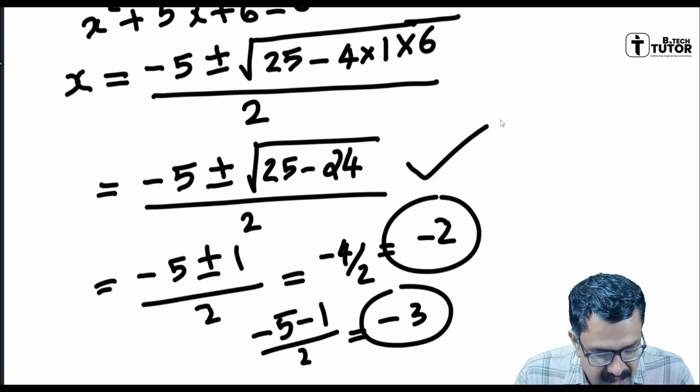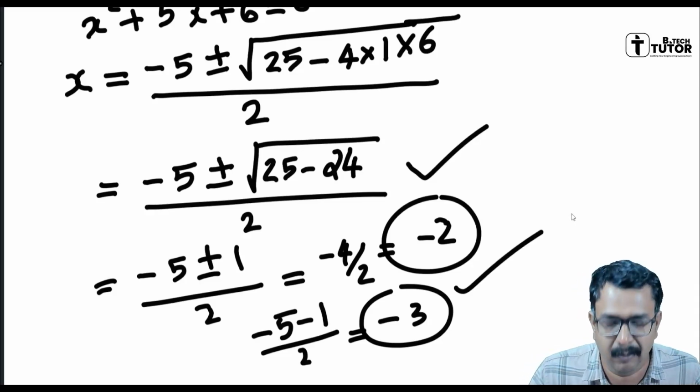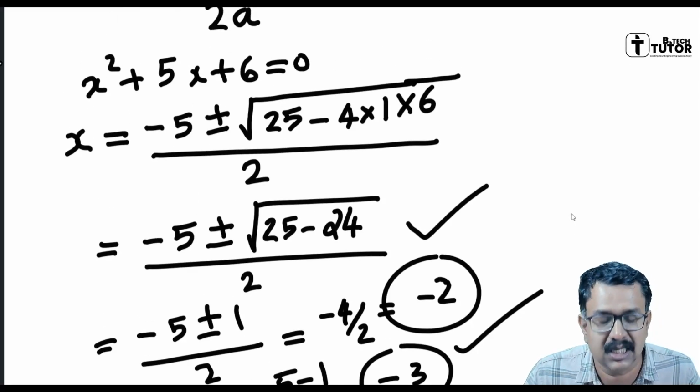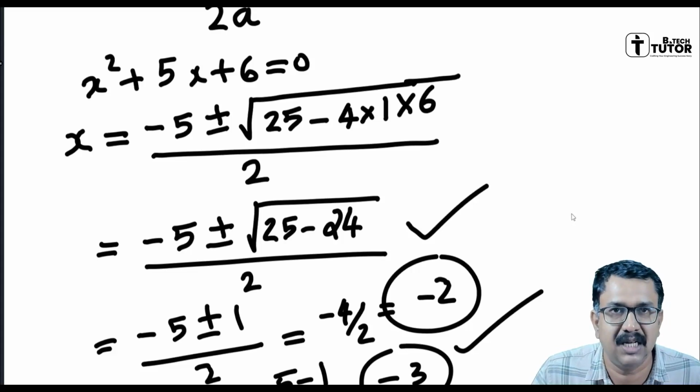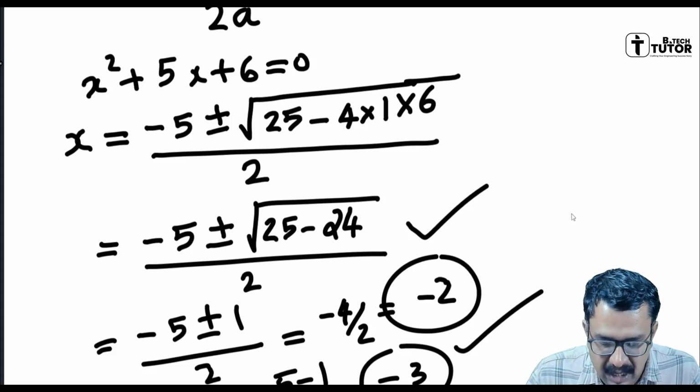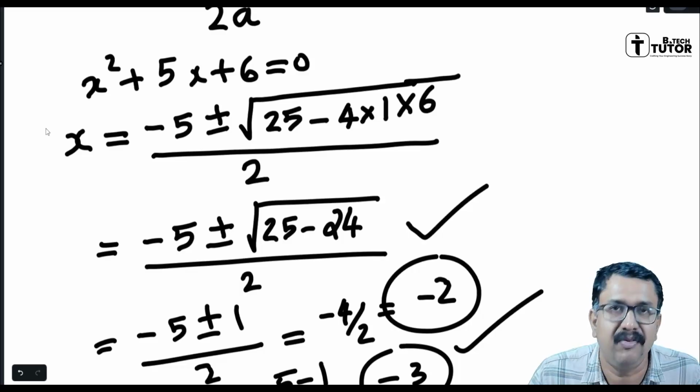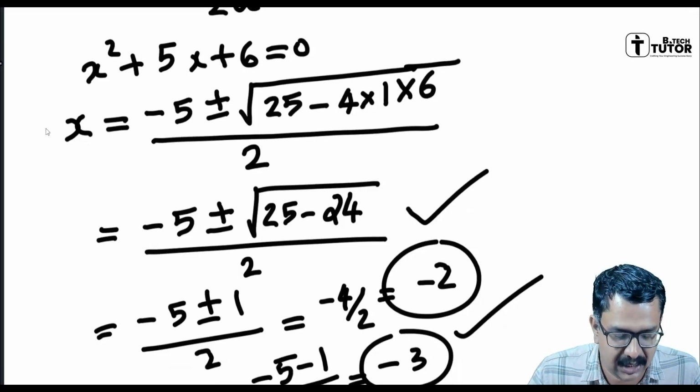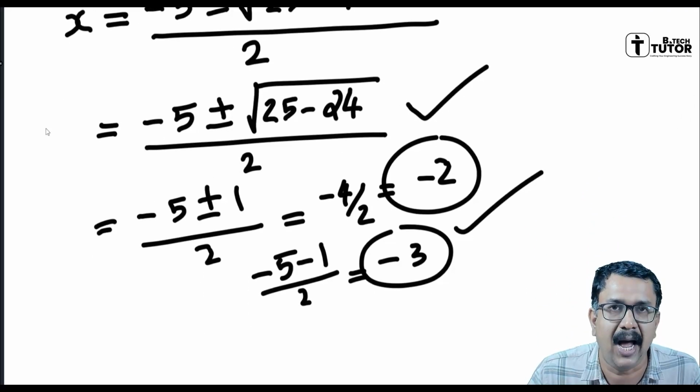These are the two solutions. Our question is x square plus 5x plus 6 equal to 0, and the solution is x equal to minus 2 and minus 3.